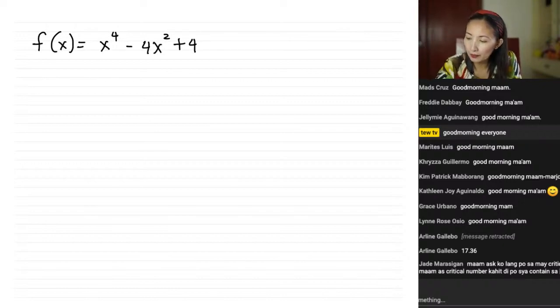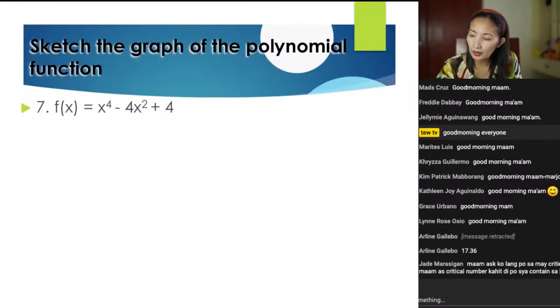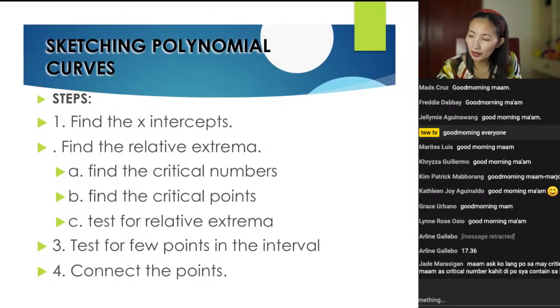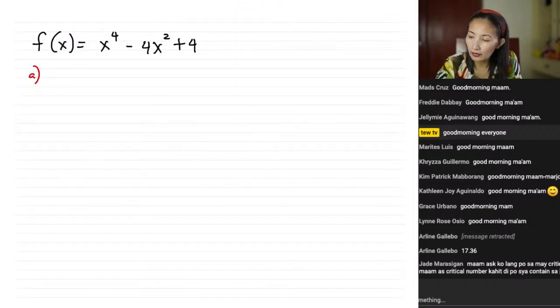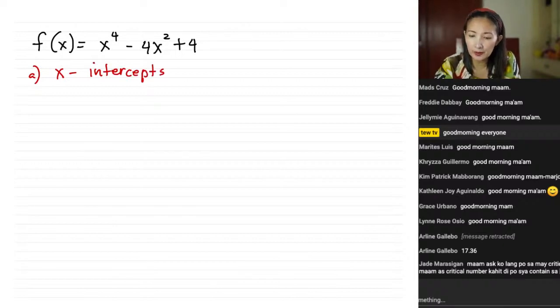Okay, so step A, instead of the critical numbers, we have an additional step here. Find the x-intercepts. Okay? How do we find the x-intercepts?